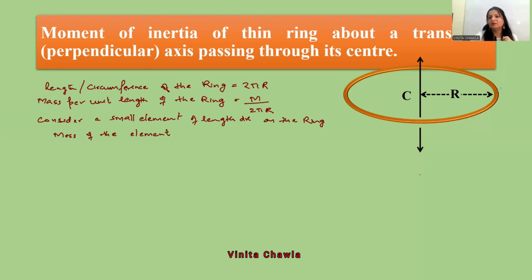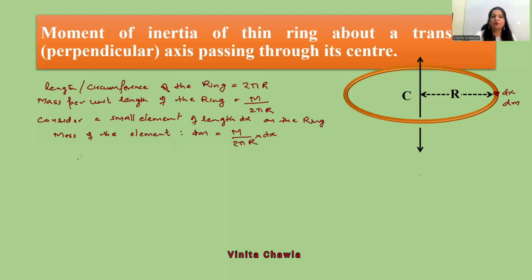If you are considering the small element dx on the ring, the mass of this element is dm, and dm is equal to mass per unit length multiplied by dx. This is how we can find the mass of the small element that we had taken.